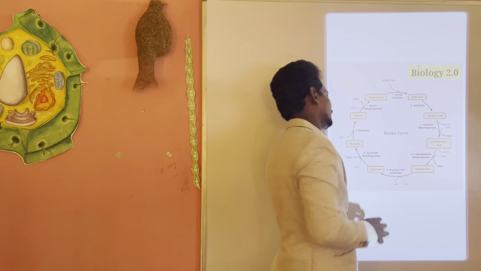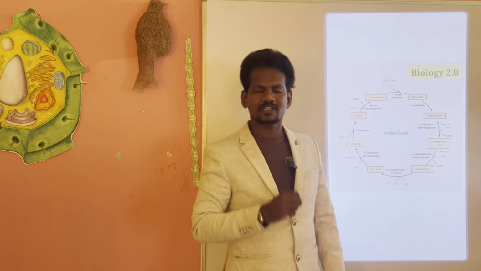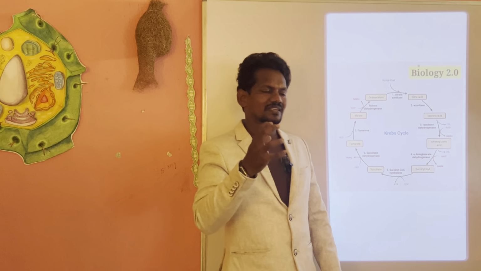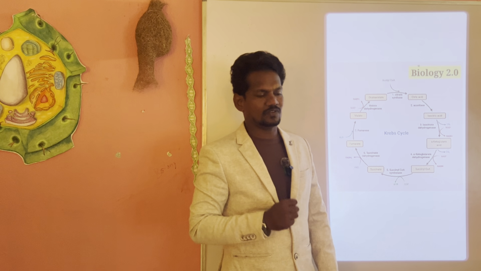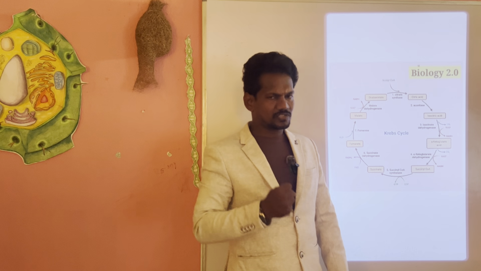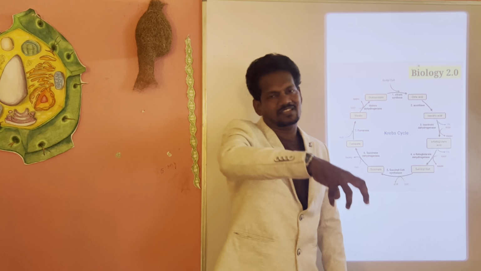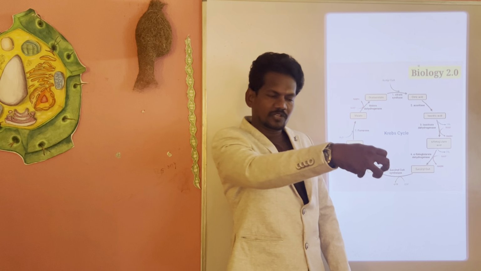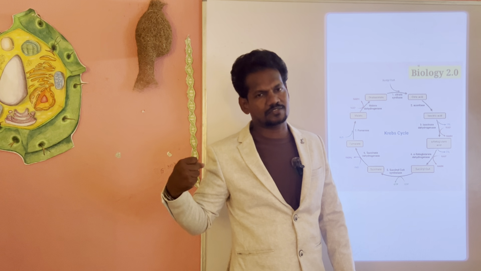In this cycle there are 10 steps involved. I will explain them one by one. Ten enzymes are involved, one in each step or reaction, and byproducts are also formed, and special products are involved in the reaction, and some products are liberated or released from the reaction.